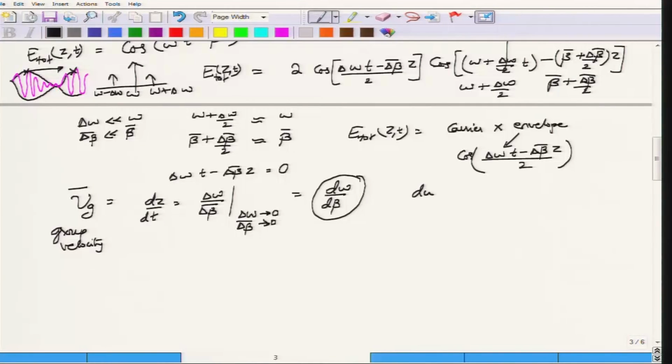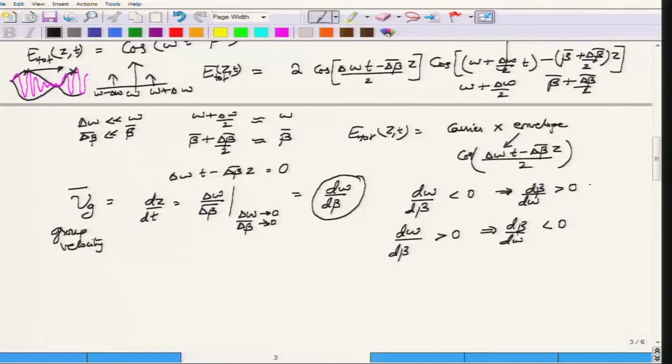In most cases you have d omega by d beta less than 0, or you will have situations where d omega by d beta is greater than 0. If this happens, this indicates that d beta by d omega is greater than 0, and the other case indicates d beta by d omega is less than 0.